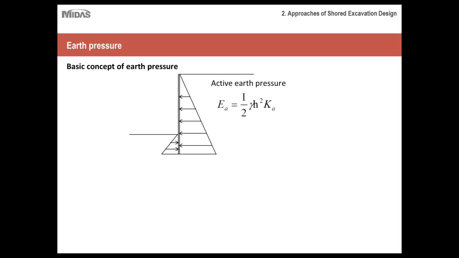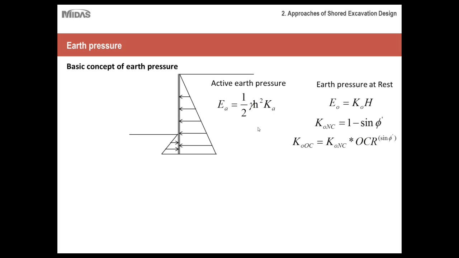pretty simple, straightforward, as you can see, where Ka is the active earth pressure coefficient. Then there is earth pressure at rest, which is actually acting at some way away from the wall at a stable condition, and the earth pressure is directly proportional to the height from the top.